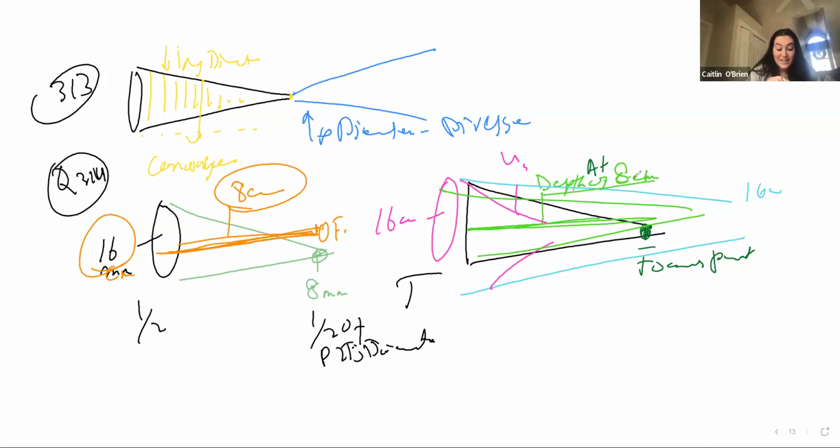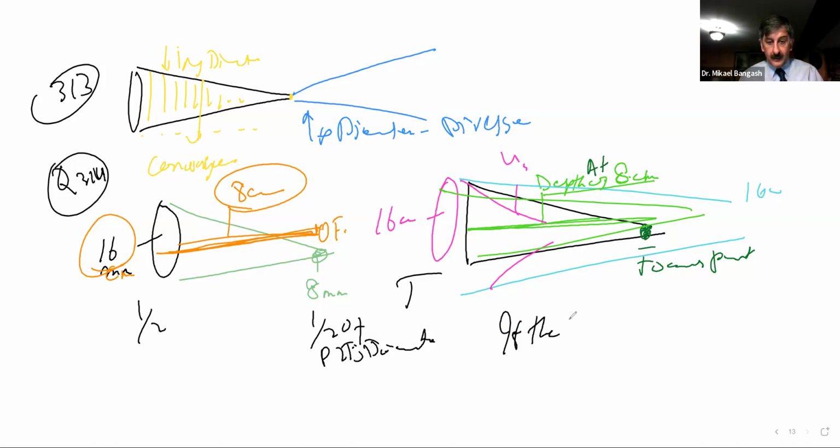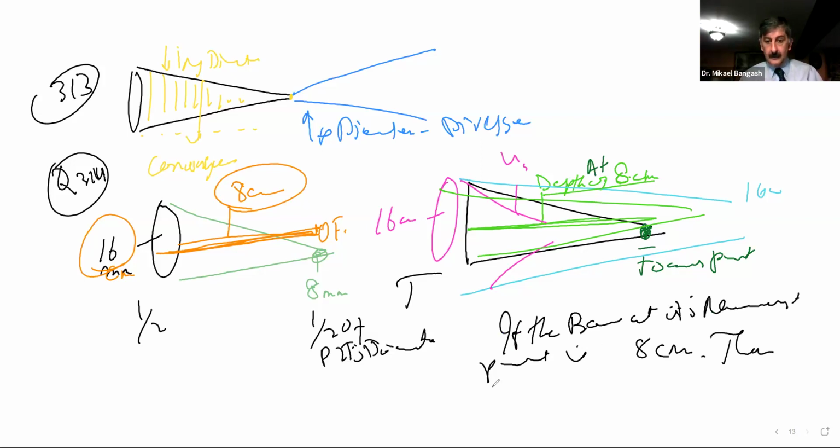It would have to say the beam at its narrowest point is 8 centimeters. Then the diameter of the PCT would have been 16 centimeters, and it would have become true.